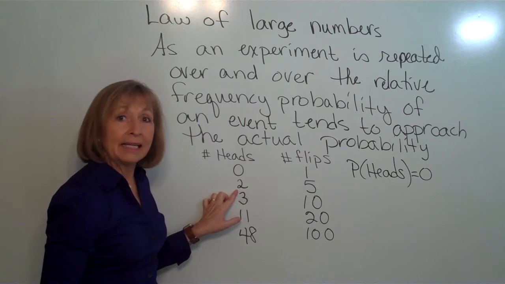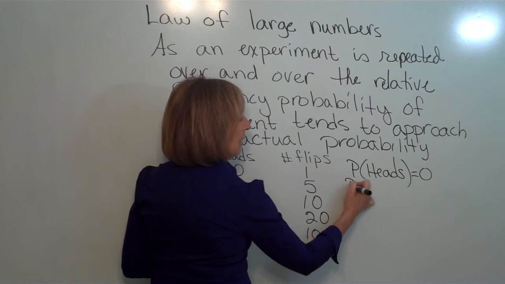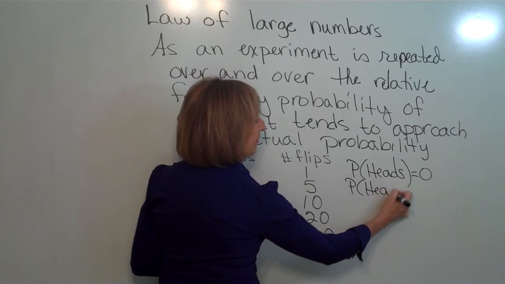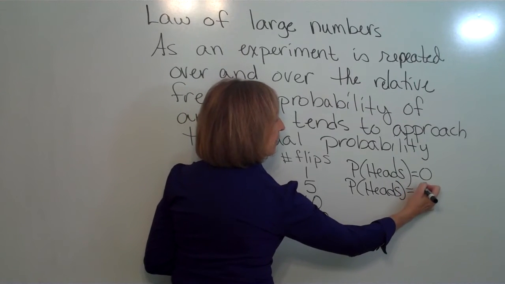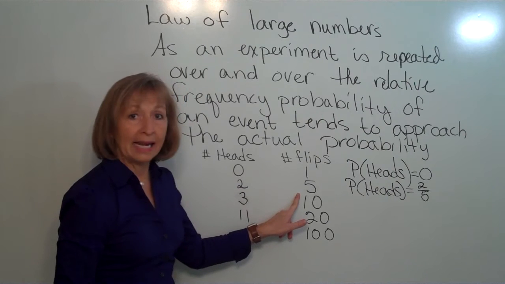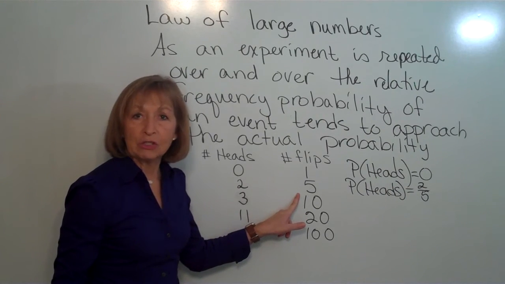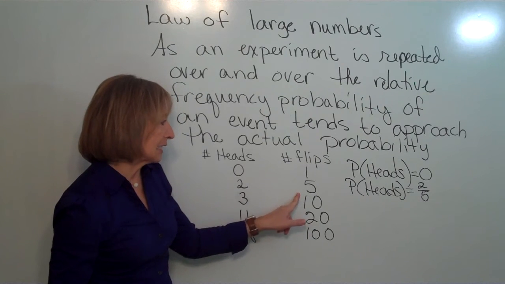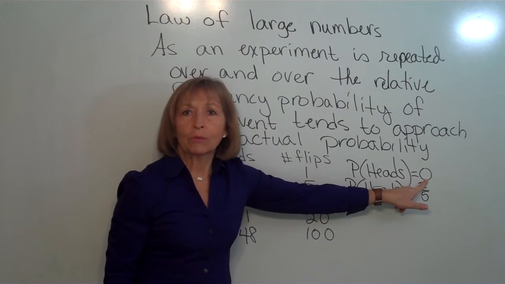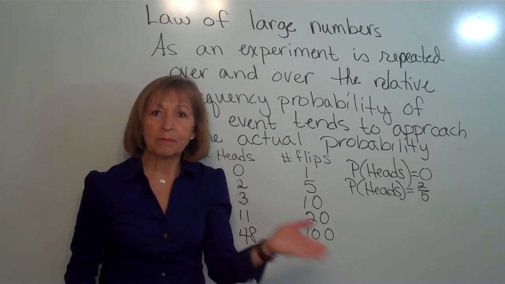Now, when I look at what happened when I flipped the coin 5 times, my probability of heads turned out to be 2/5. I saw heads twice, and I flipped the coin 5 times. When we look at just a small number of times that we did the experiment, like for one flip, I'm either going to get a probability of 0 or a probability of 1.